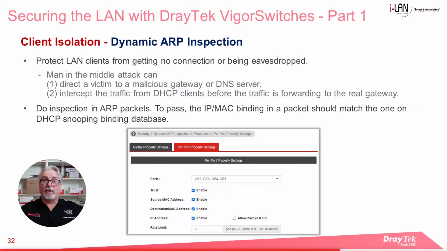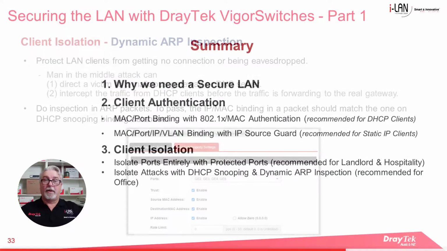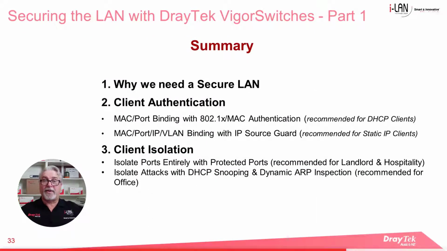The final item we'll look at today is client isolation by using dynamic ARP inspection. This will prevent ARP spoofing to protect LAN clients from getting no connection or being eavesdropped from man-in-the-middle attacks. Dynamic ARP inspection will inspect ARP packets and only pass packets that match the IP and MAC binding in the DHCP snooping database.